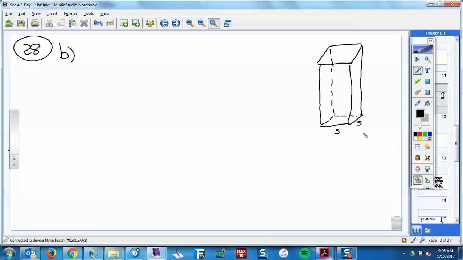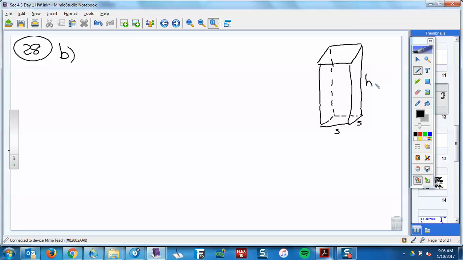S and S, right? What do you want to label this up here? L is not my favorite letter to use in a math problem. How about H? You can use L, I don't care, but L just is weird to use in a math problem.